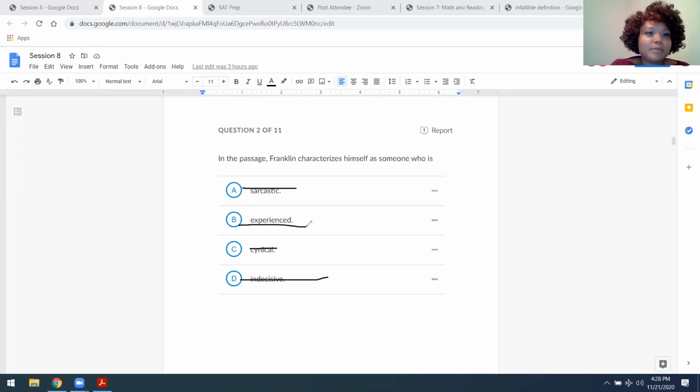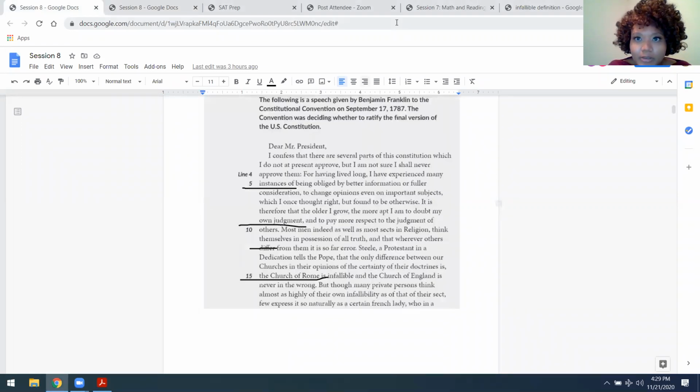He describes himself as experienced. And we know that because of those parts. It was very brief. It's kind of easy to miss in a way. But he's talking here about the older he grows, the older I grow.